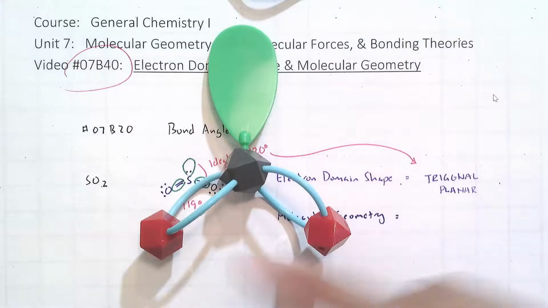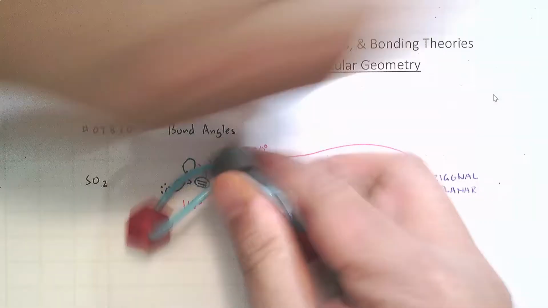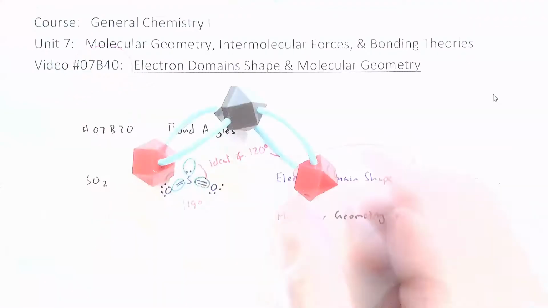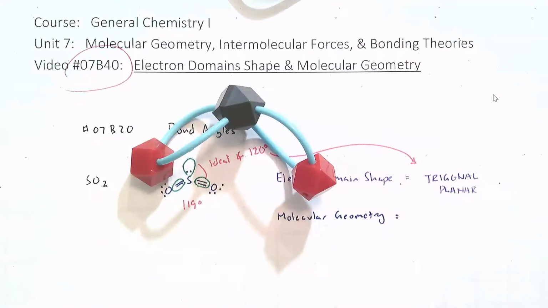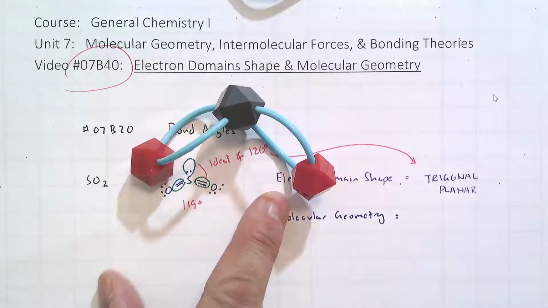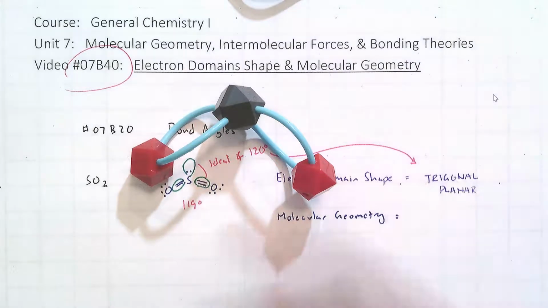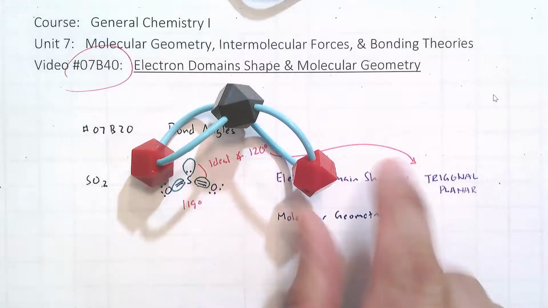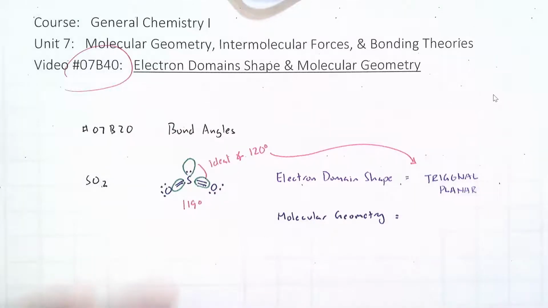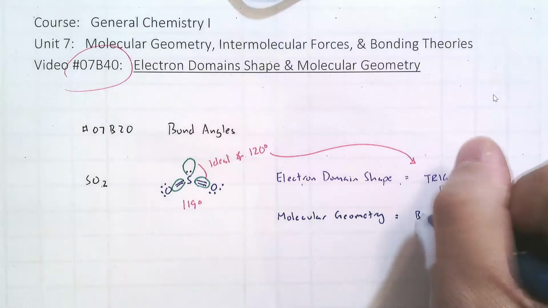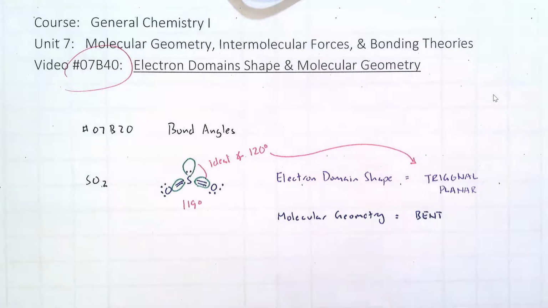Now the atoms are in that arrangement due to the balloons, but when we finally state the shape made by the atoms, you get rid of the lone pair from your model, okay, and we see that it's bent. It's not linear, okay, it's not 3 atoms in a row, it's bent. That is the shape, or what's called the molecular geometry.